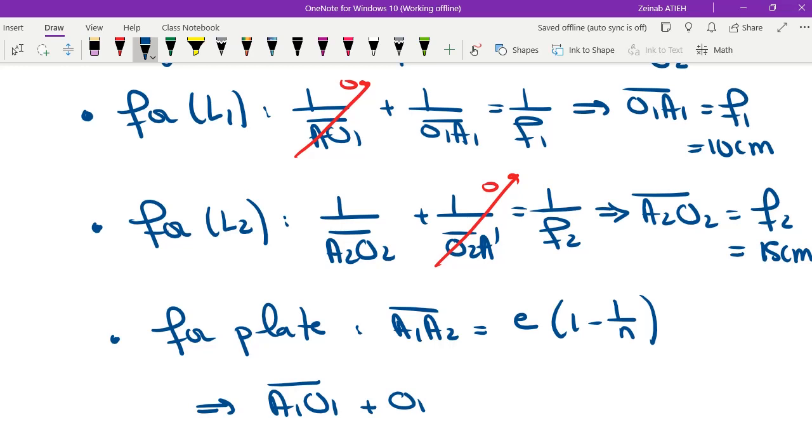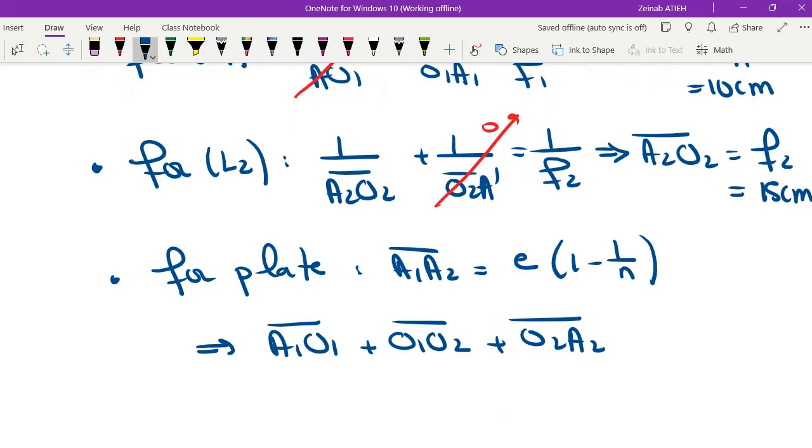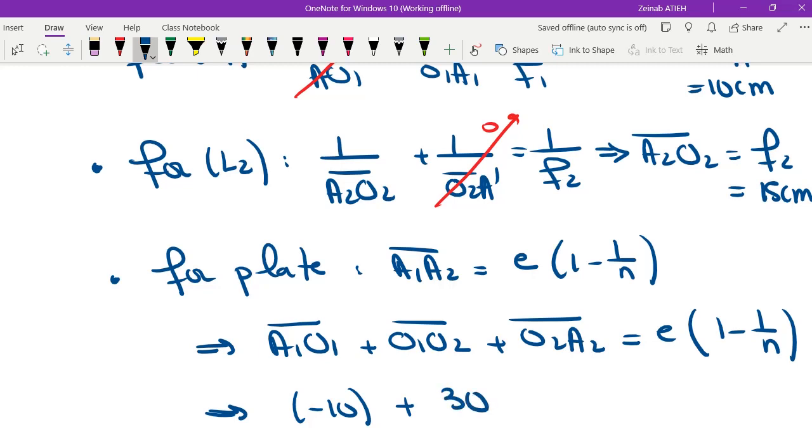So A1O1 plus O1O2 plus O2A2 equals E times 1 minus 1 over n. A1O1 is minus 10, O1O2 is 30, and O2A2 was 15, so it becomes minus 15.